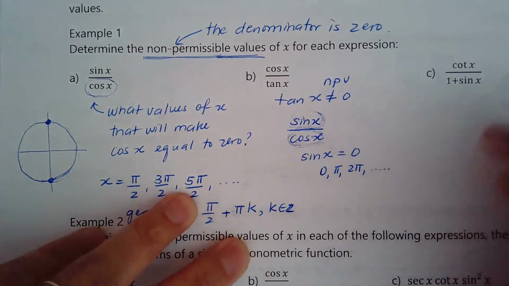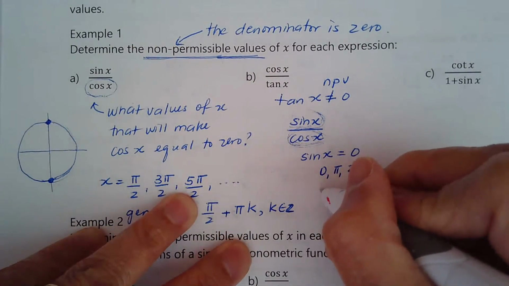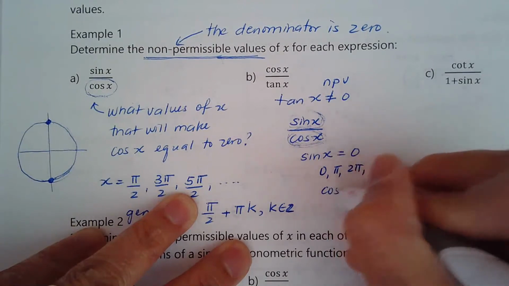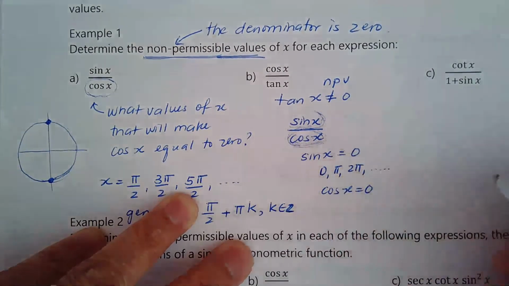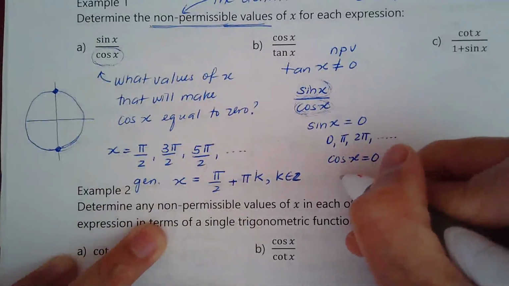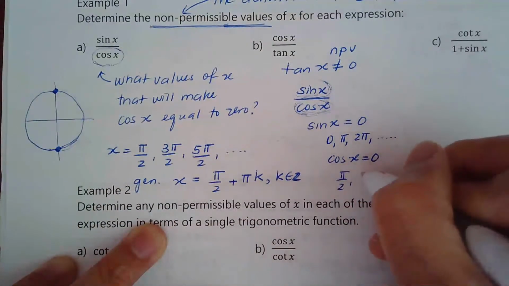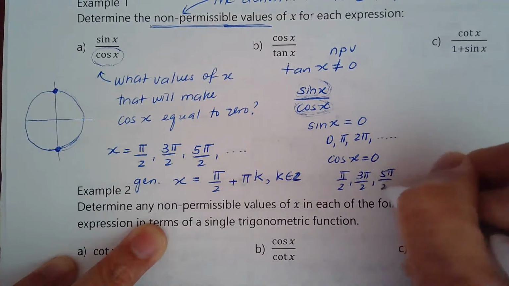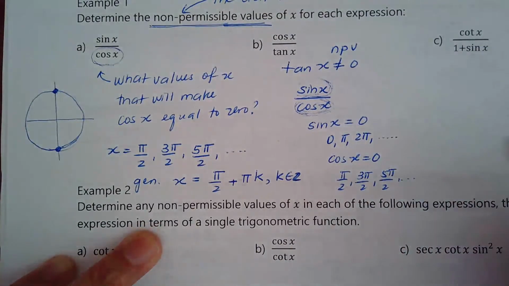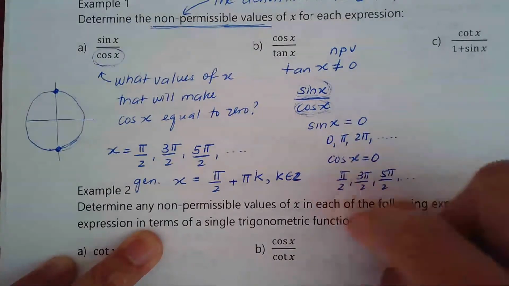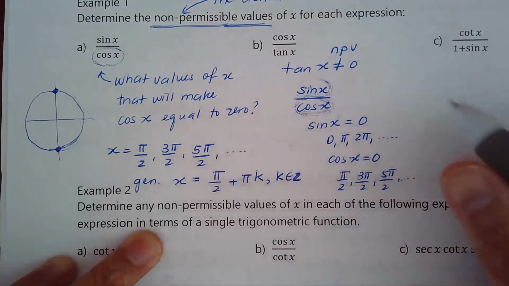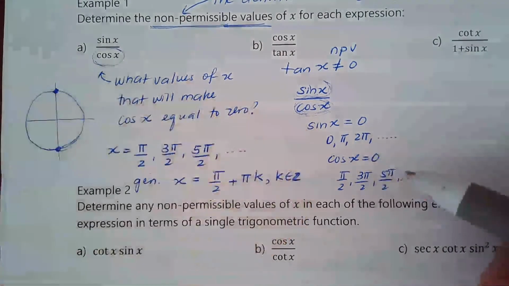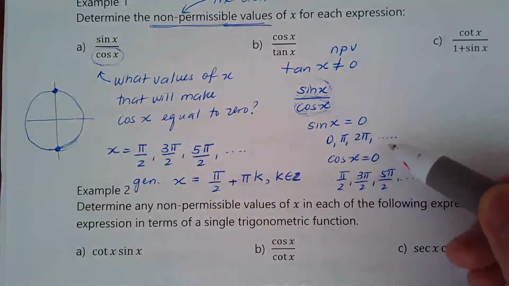And we also said that we don't want the cosine to be 0, so cosine of x cannot equal 0, and that would be pi halves, 3 pi halves, 5 pi halves, and so on. So there are many possible places where there are non-permissible values.